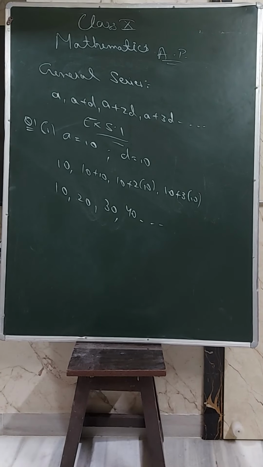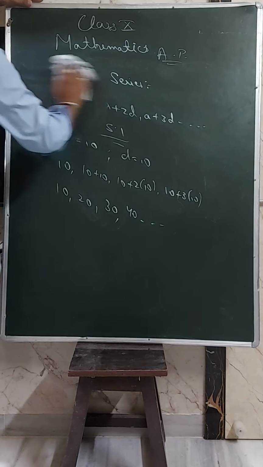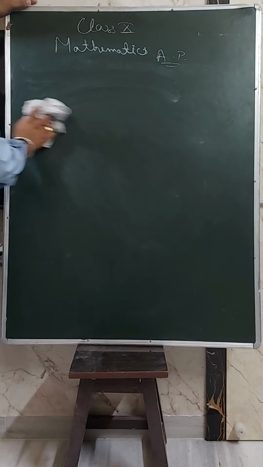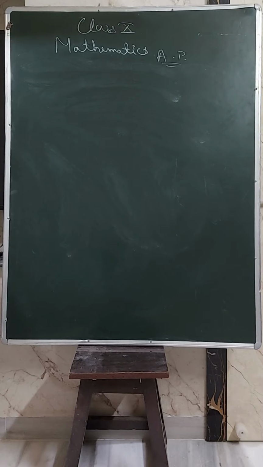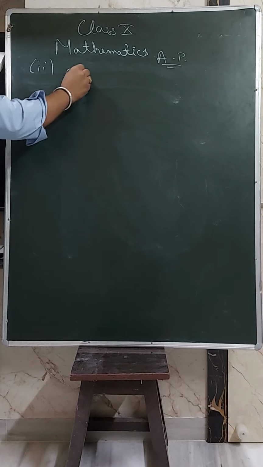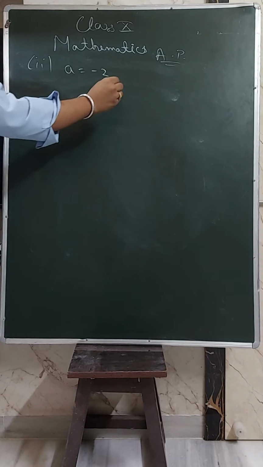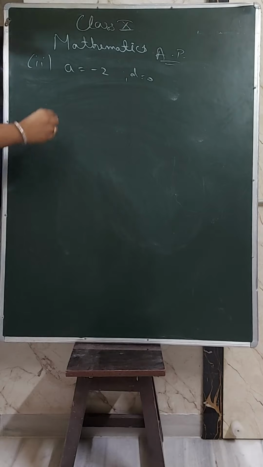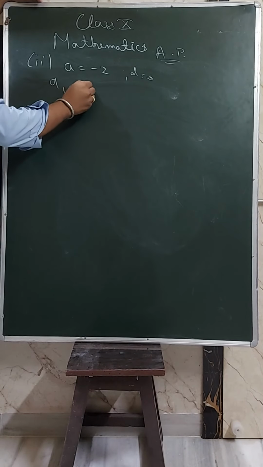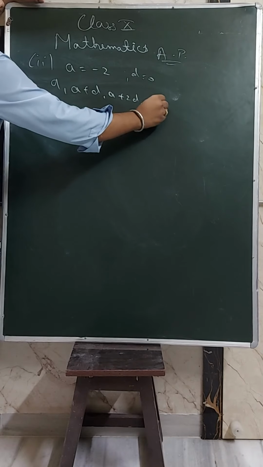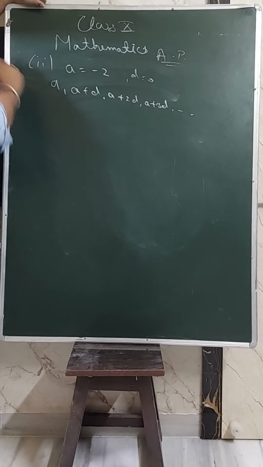Now one more part I will do, the second part. Here a is given -2 and d is given 0. The general series is a, a plus d, a plus 2d, a plus 3d, to infinity.